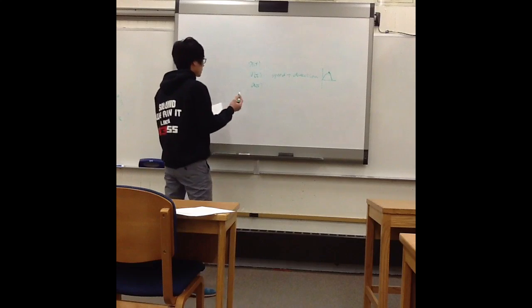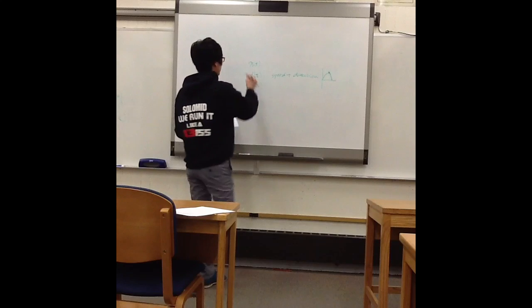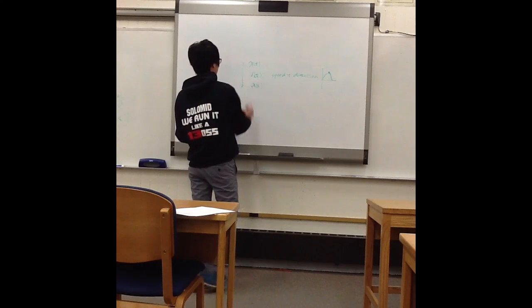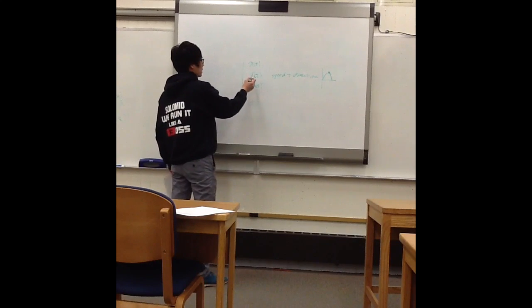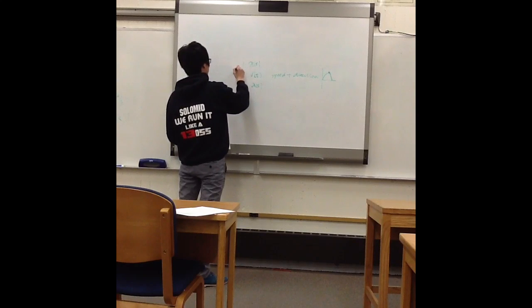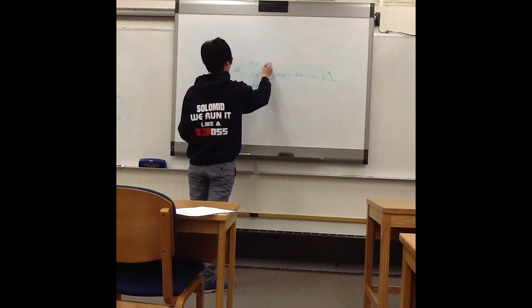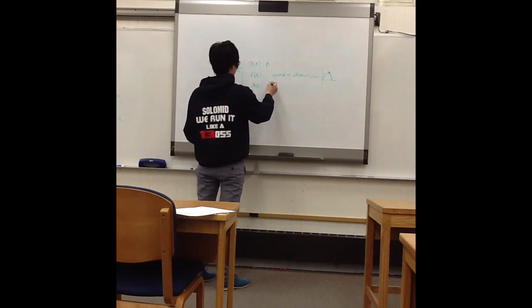For the connection of those three functions, we can do it like this. When it goes down, v of t is the derivative of x, so it means differentiation from x to a. So this is differentiation. And when it goes up, it means anti-differentiation.